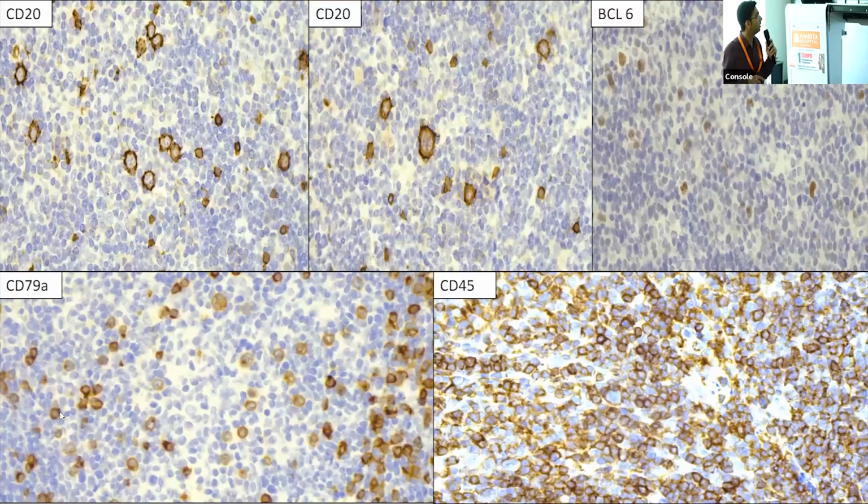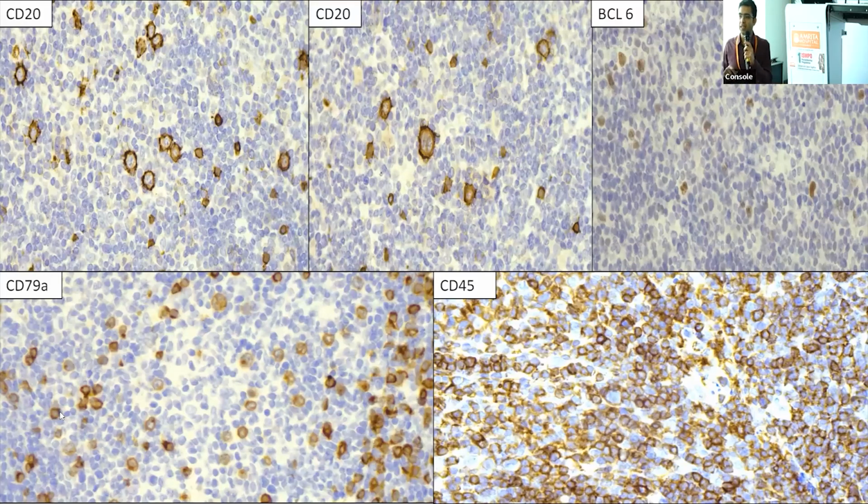CD20 is positive. These large RS cells are CD20 positive, and they were also positive for BCL6 and CD79A, and CD45 was heterogeneously positive. As I said, in Hodgkin lymphoma there is switching off of the B-cell program, but in NLPHL the B-cell markers remain positive.